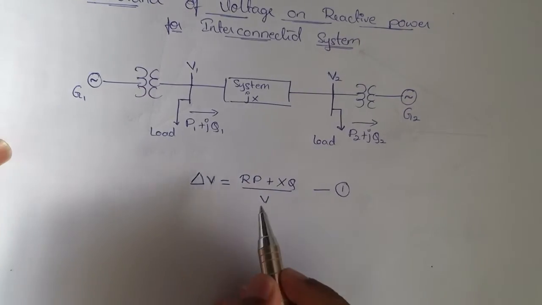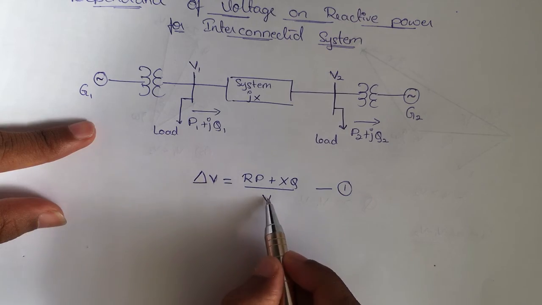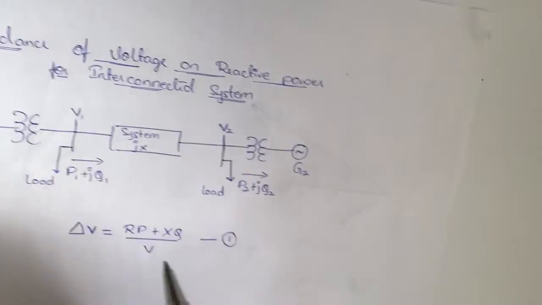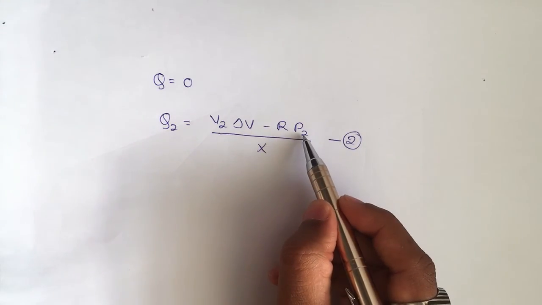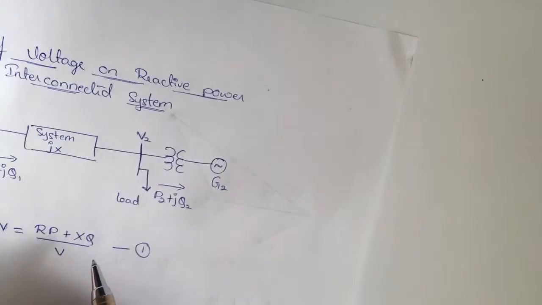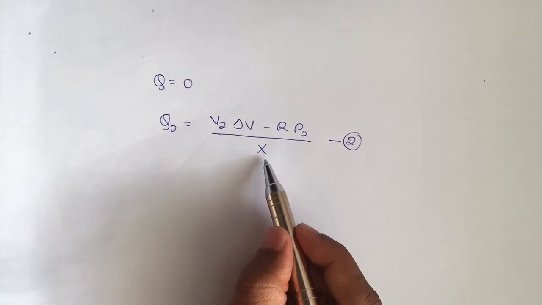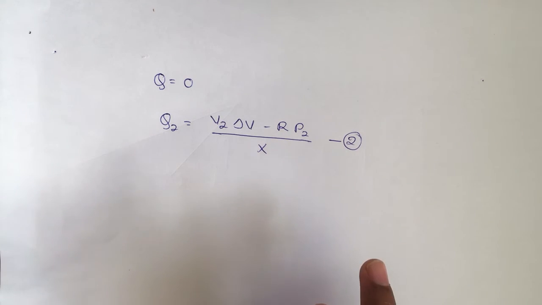We can see that X into Q is delta V into V, and here it was plus RP, and taking it to the LHS, minus R into P, whole divided by the coefficient of Q, which is X, in the denominator. And now we got equation 2.